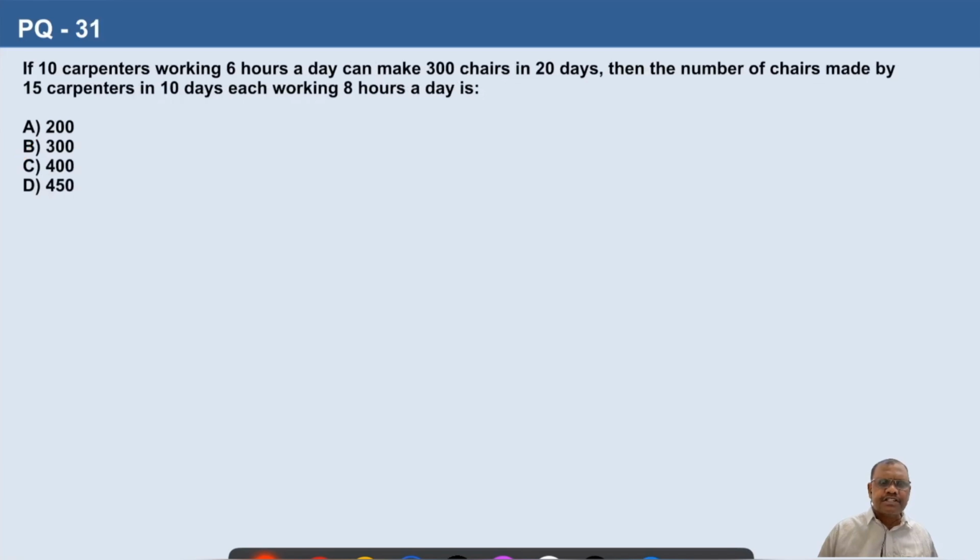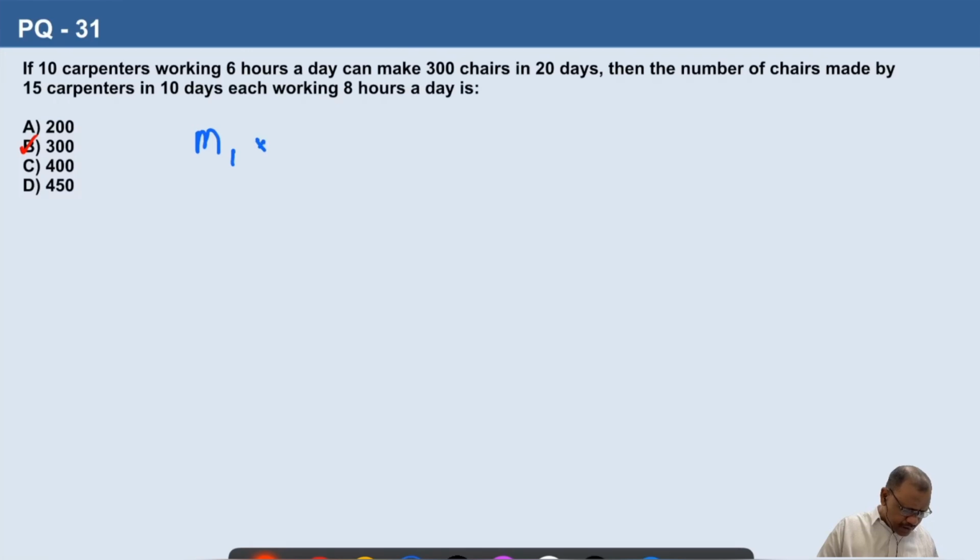Question number 31. If 10 carpenters working 6 hours a day can make 300 chairs in 20 days, then the number of chairs made by 15 carpenters in 10 days, each working 8 hours a day, is what? Here the work is also different. Same formula, we have to use W1 and W2 also.